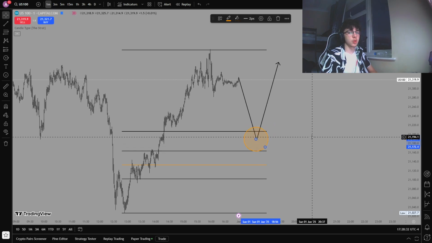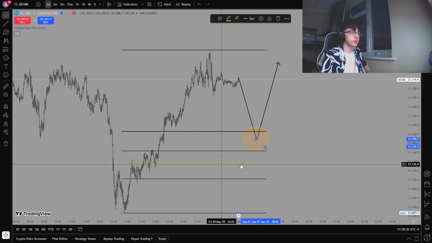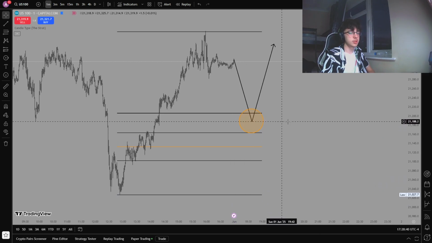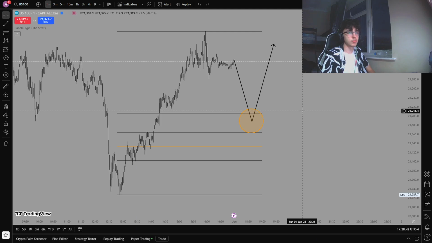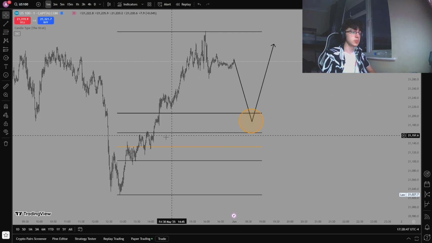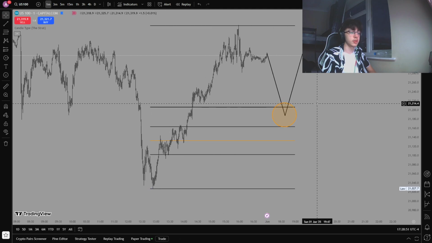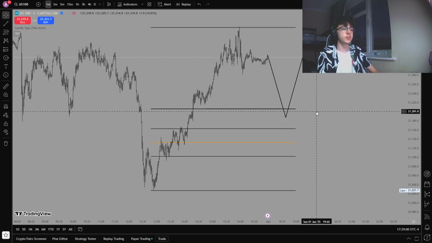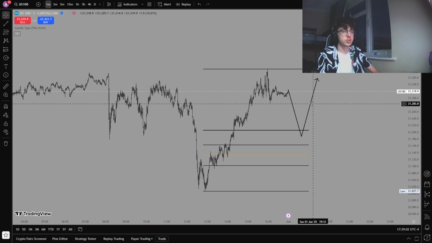That area is what echo deviation is, and I'll teach you in a different video. But we know that somewhere below equilibrium is going to reverse, which is discount below equilibrium, and above equilibrium is premium. So we always look in discount to see if there's any PDO or anything like that. I don't really use that, but I use OTE and echo deviation, as I said. But you can pair PDOs with it.